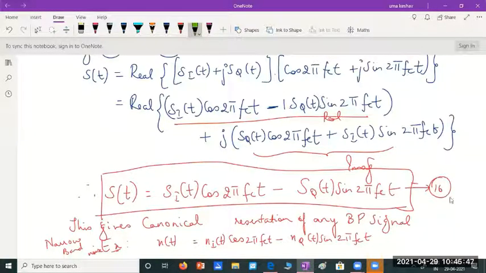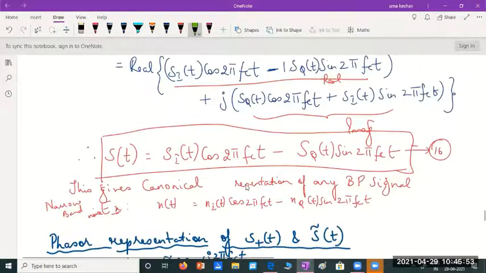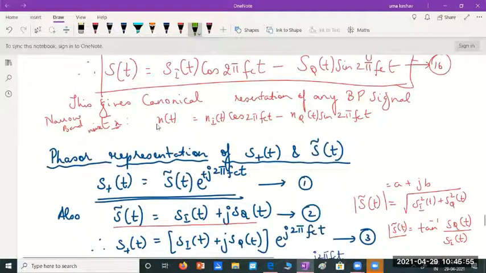This is called the canonical form. And the best example was the noise signal. Since the noise signal is a narrow banded signal, it could easily be written in canonical form as in-phase component Ni cos 2 pi fct minus quadrature phase component NQ into sin 2 pi fct.